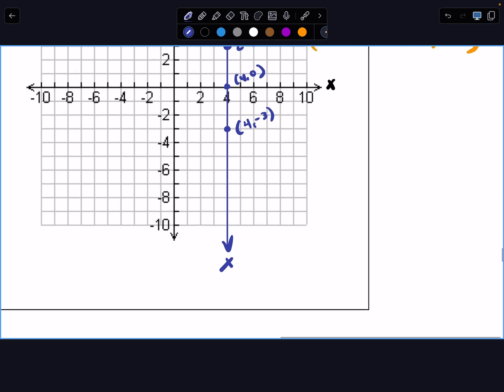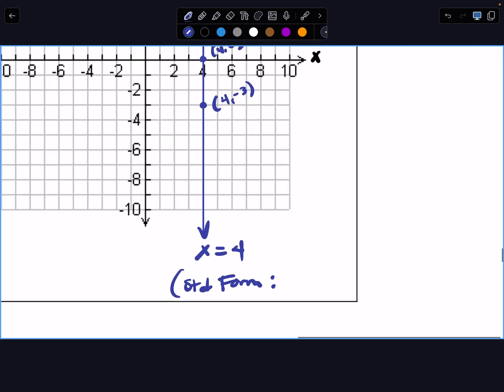Meaning this line can be represented as x equals 4, or in standard form, x plus 0y is equal to 4, right? For any y value, x just ends up being equal to 4 because y is being multiplied by 0.